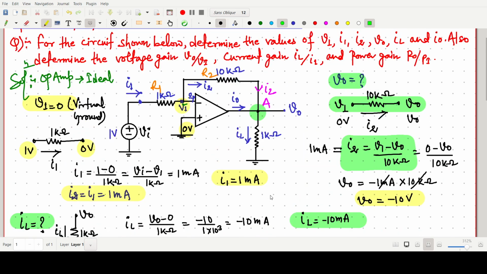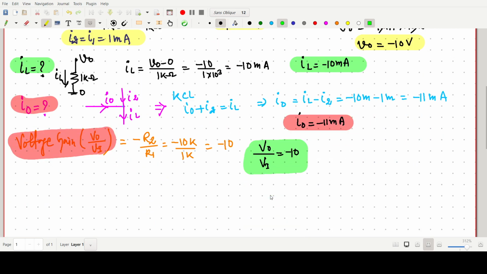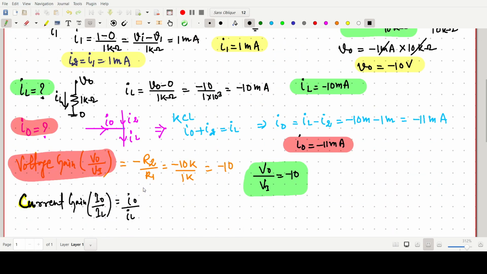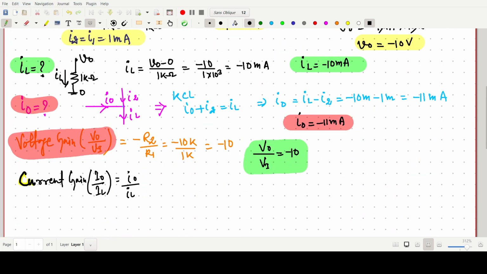Now we have to find the current gain. Current gain, IL by I1. Better to write a small I naught by a small IL, because we are using the notation IL by I1.